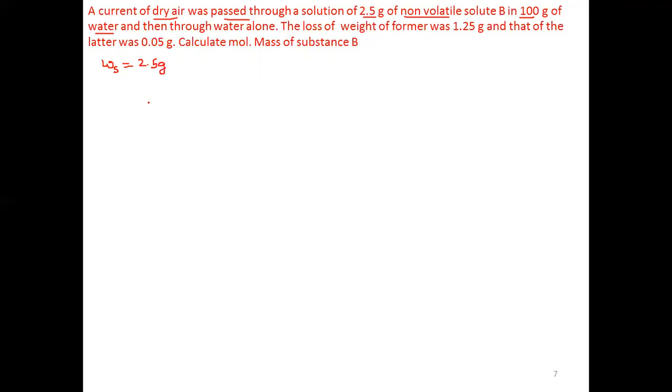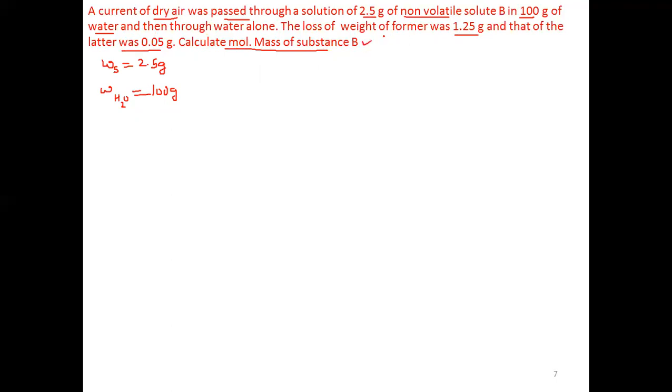Next is W water, which is our solvent, it is 100 gram. So far this is given. Now he says that the loss of weight of former was 1.25 gram and that of latter was 0.05 gram. Calculate the molecular mass of substance B.